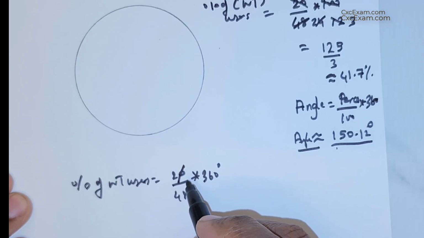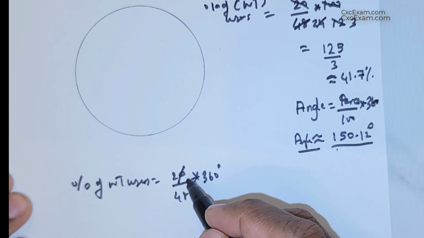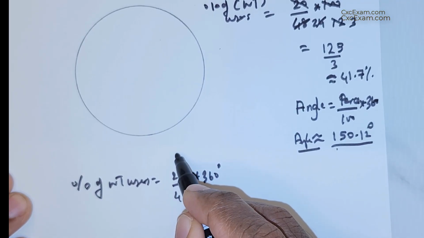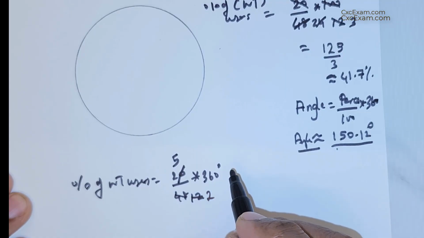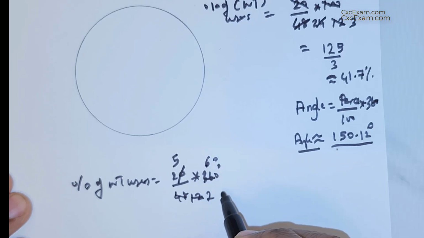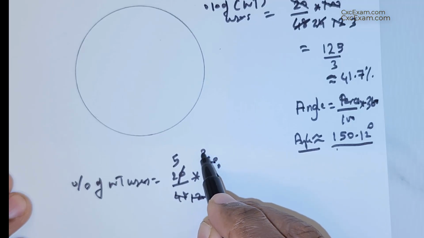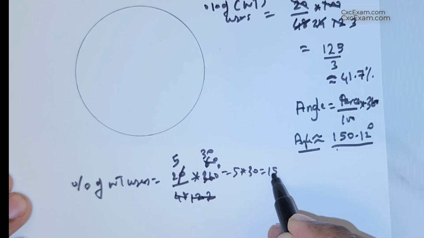I can use 2 or 4. 4 divides 20 five times, 4 divides 48 twelve times. Now 6 divides 12 two times, 6 divides 360 sixty times, 2 divides 60 thirty times. So you have 5 multiplied with 30, which is going to be 150 degrees.